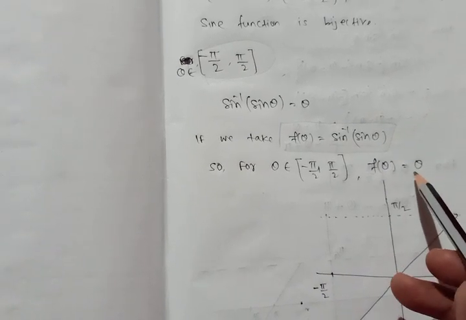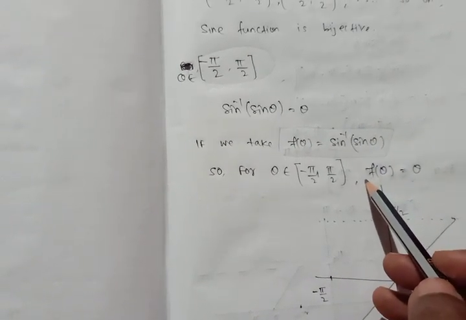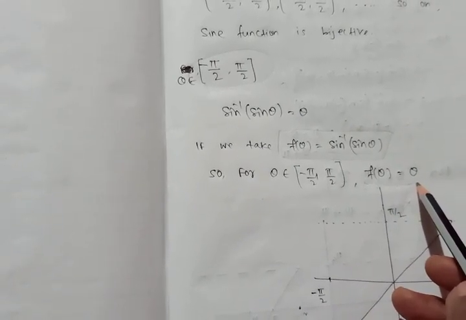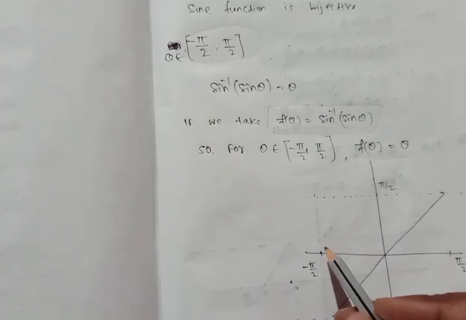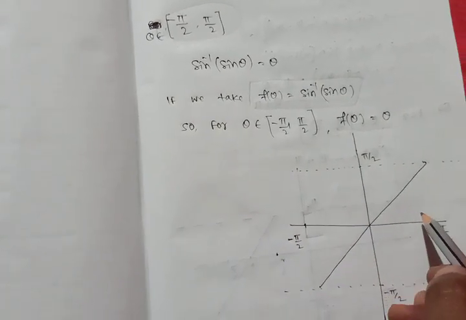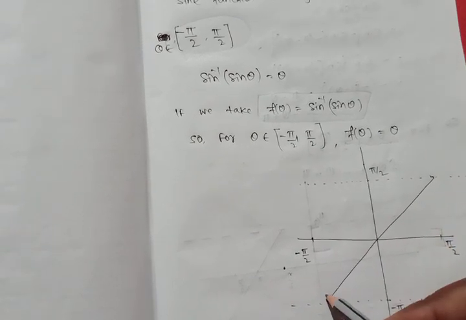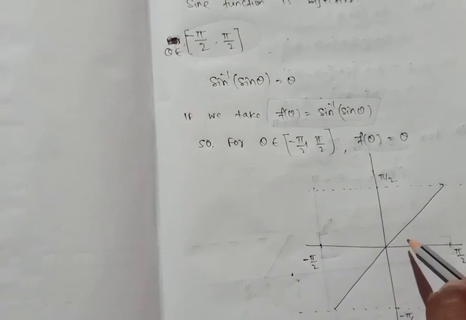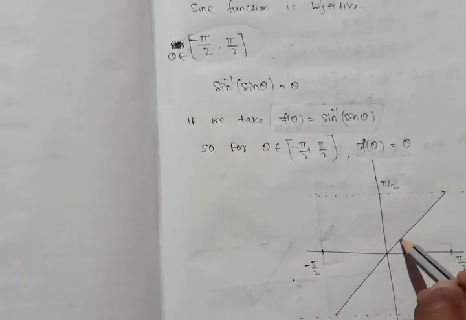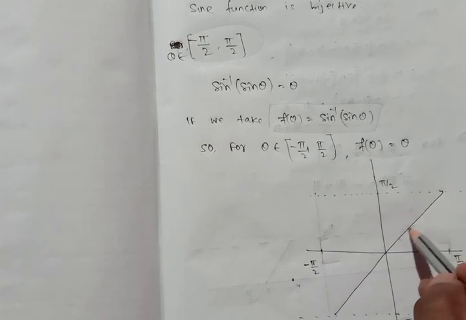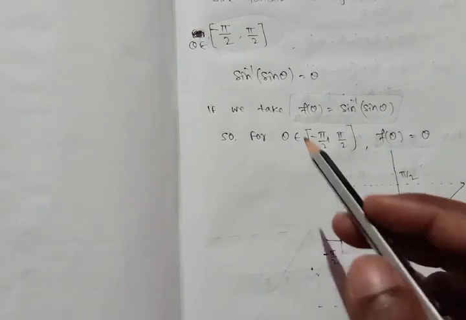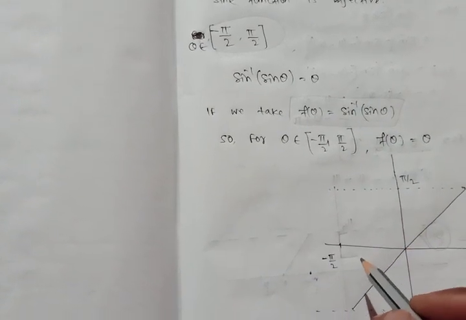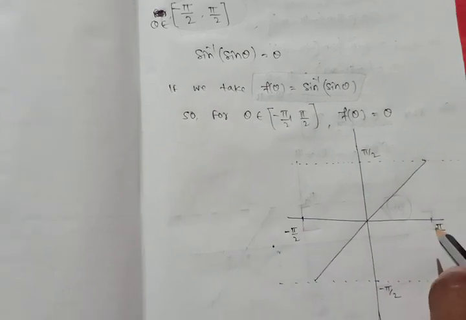If we try to draw the diagram of this function, f of theta is equal to theta, restricted to the interval minus pi by 2 to pi by 2, it is exactly the graph of f of x is equal to x. It has positive inclination, at 45 degrees, passing through the origin, and I am drawing it in the interval minus pi by 2 to pi by 2.